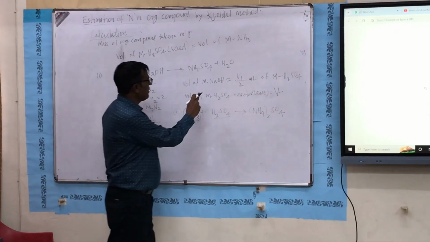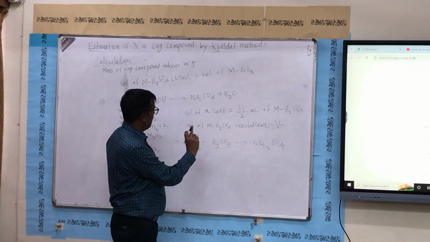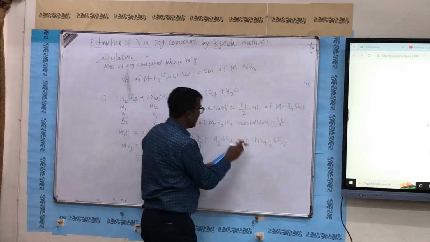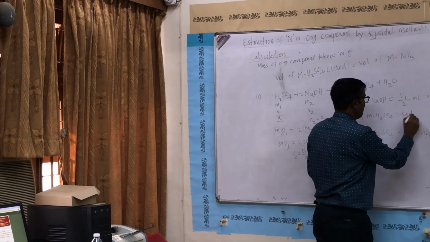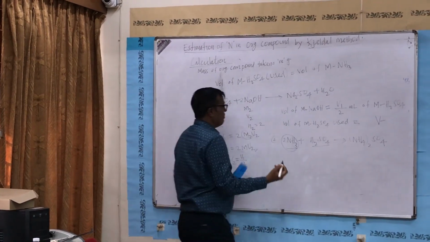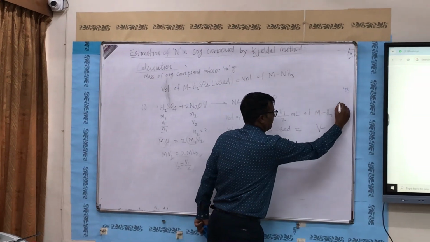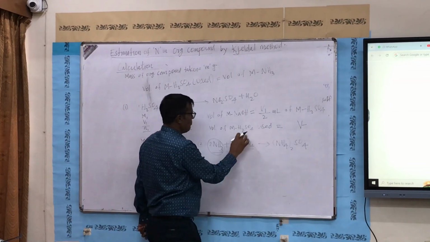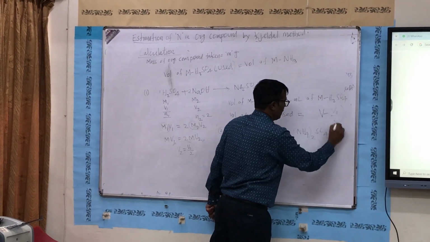The volume of sulfuric acid used is equal to the volume of sulfuric acid taken minus what is left out. How much is left out? It is V1 divided by 2.